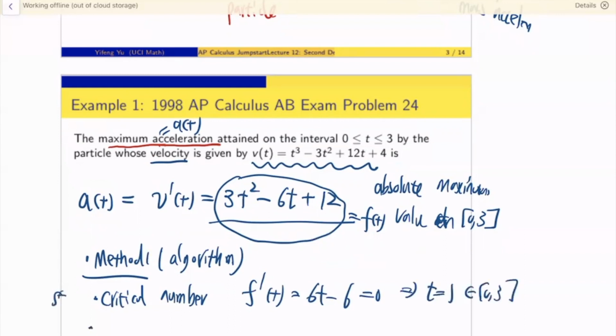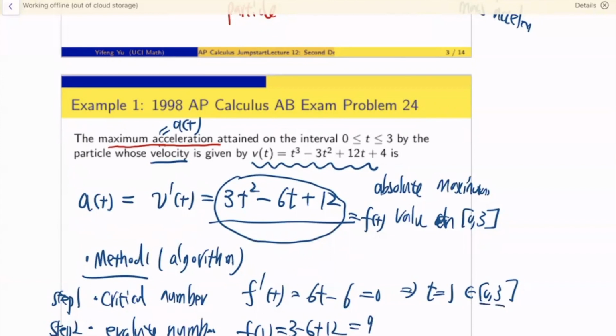Now step 2, we evaluate the critical number and the endpoints. I calculate f(1), which equals 3 minus 6 plus 12, this is 9. Then I evaluate the endpoints, 0 and 3. f(0) is just 12.